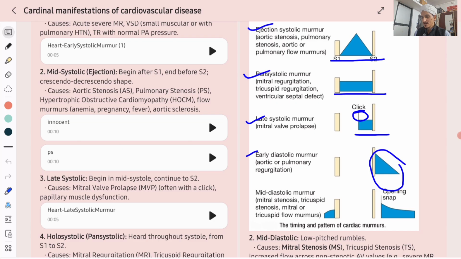Now the last is mid-diastolic murmur. So you see in mitral stenosis, tricuspid stenosis, or flow murmurs through the mitral or tricuspid valve, like in ASD, atrial septal defect. So there will be an opening snap, and there will be a continuous murmur in the diastole.